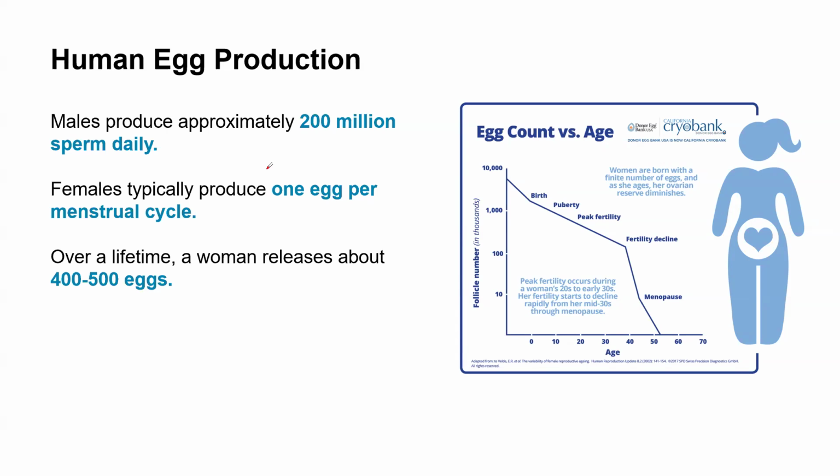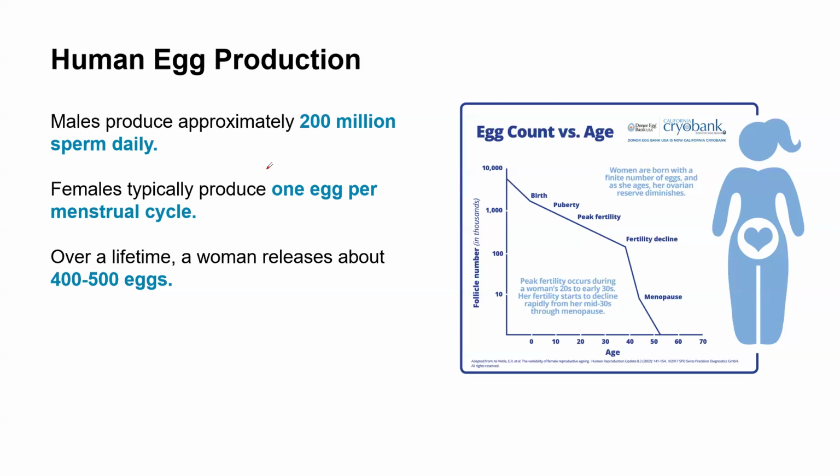And very importantly, ladies and gentlemen, a female is born with a fixed number of eggs, because a female can have about 6 to 7 million eggs. During fetal development, the eggs will be reduced to about 1 to 2 million.